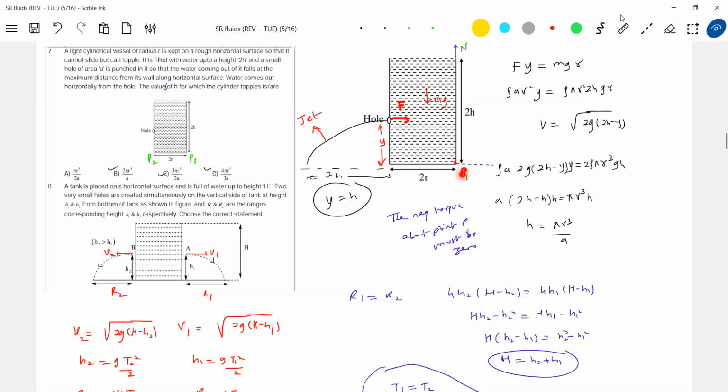Now F into y is equal to mg into R, R is the radius. F is rho A v squared, where v is root of 2gh, and we know y is equal to h by 2. The net torque about point P1 must be 0. Okay, solve for h now.